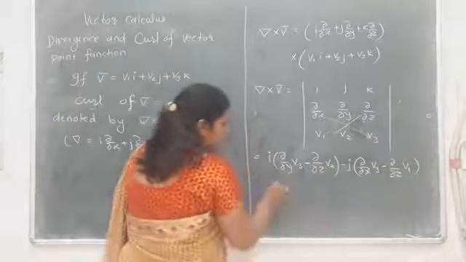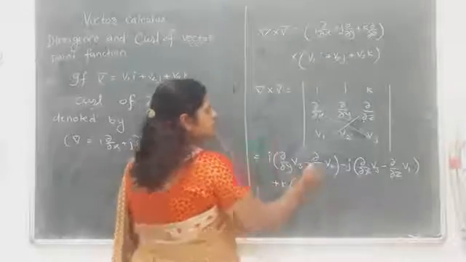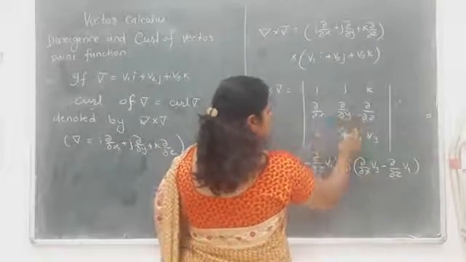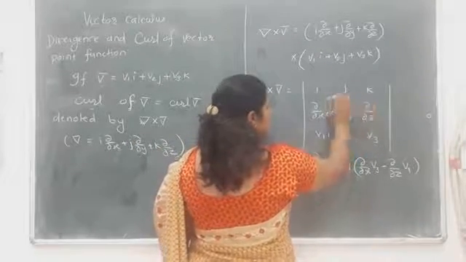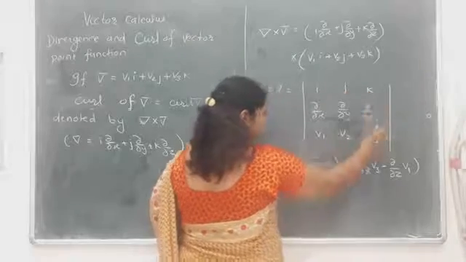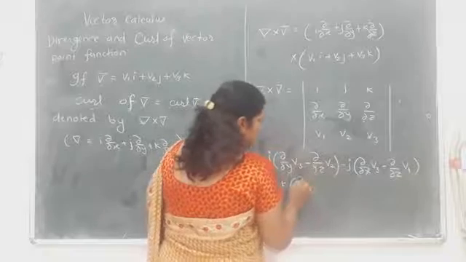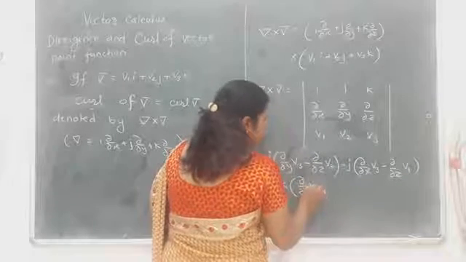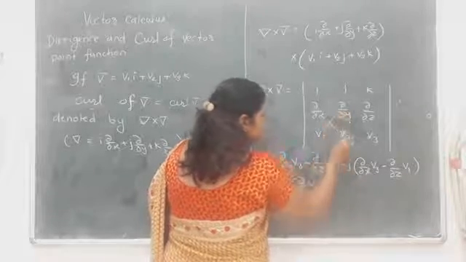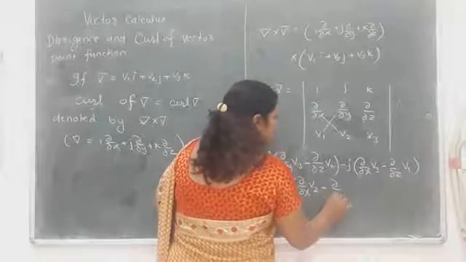Then plus k, and for the third term we omit that row and column of k, so you get del by del x of V2 minus del by del y of V1.